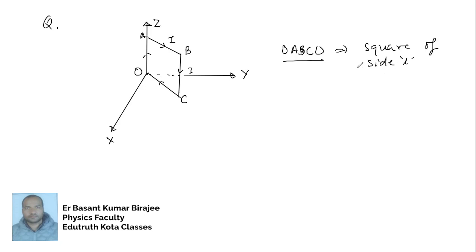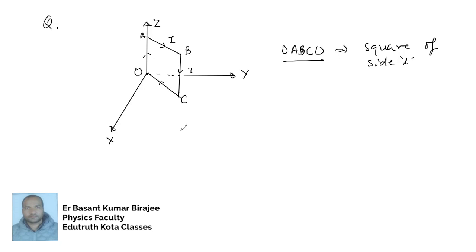If it is a square, the area will be just L square. Nothing is mentioned here. Current is given I, side length is L. And nothing is mentioned about number of turns, so we can assume the number of turns is 1.